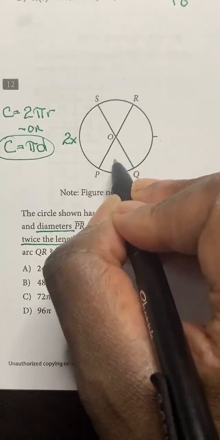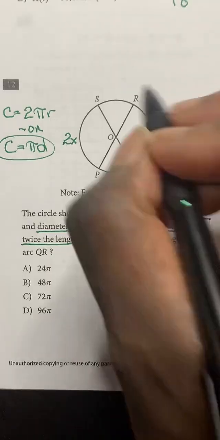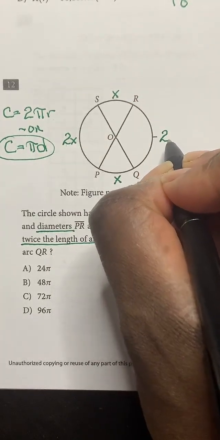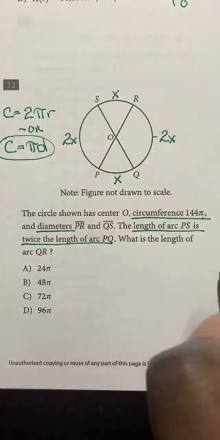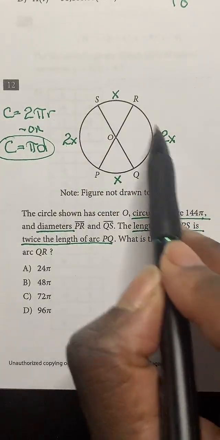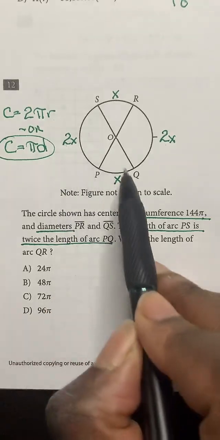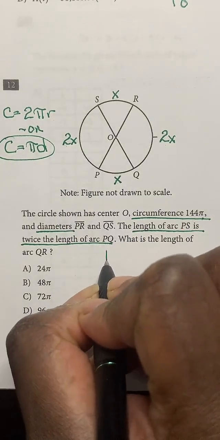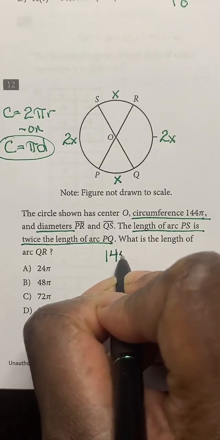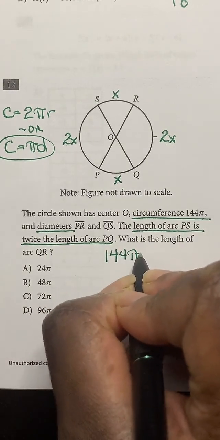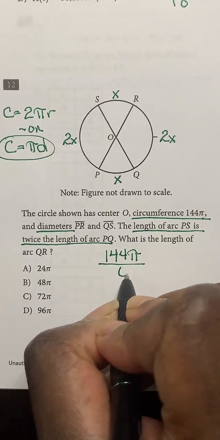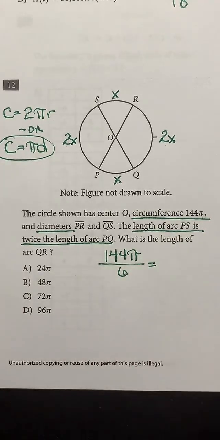Since it's a central angle and is vertical, this is going to be our unknown, as well as this is going to be twice the size of that unknown. So we have 2, 3, 4, 5, 6 unknowns. So why not take that whole circumference, which is my 144 pi, and divide that by 6.